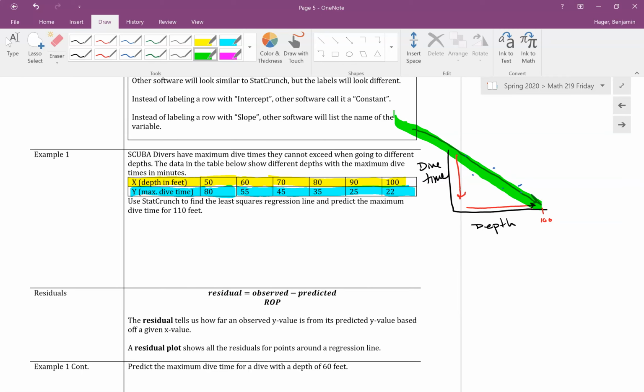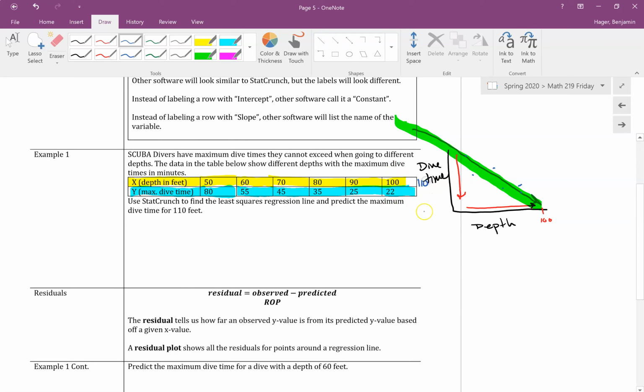That's another thing StatCrunch will tell us, not just what is the equation of that line, but how good it does. So they ask us to use StatCrunch to find the least squares regression line, and then use that to make a prediction about your dive time for 110 feet. And that's the beauty of finding this equation, because if I wanted to get my dive time for a depth of 110 feet, that data value isn't provided.